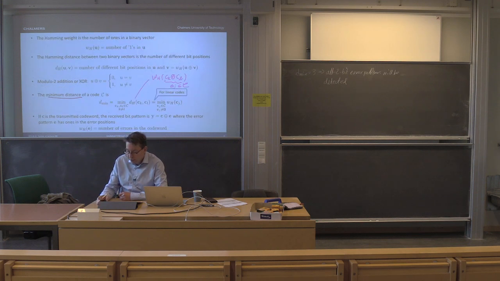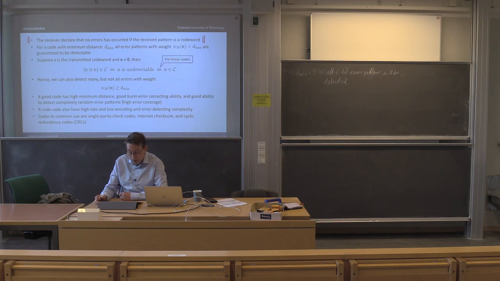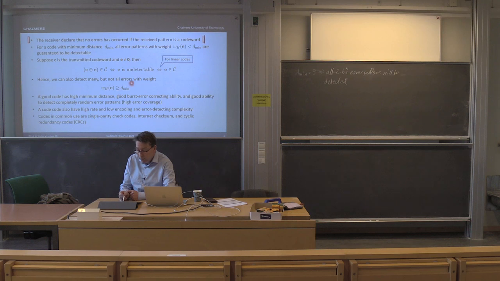So what I'm trying to say now in a very convoluted way, I realize, is that if we have a certain minimum distance, it will tell us that certain error patterns are guaranteed to be detectable, but it's not if and only if. So there are many error patterns which have a weight bigger than the minimum distance that are still detectable. Okay. And it's not hard to see by just listing the error patterns for a simple code, and you will see this quickly.